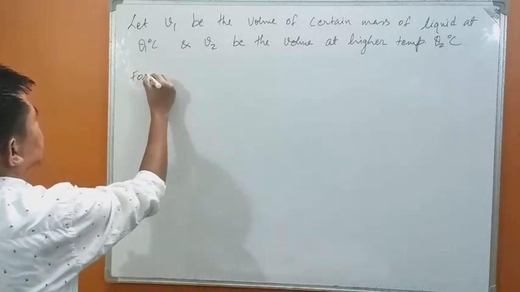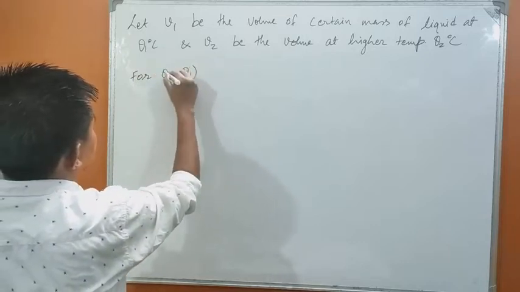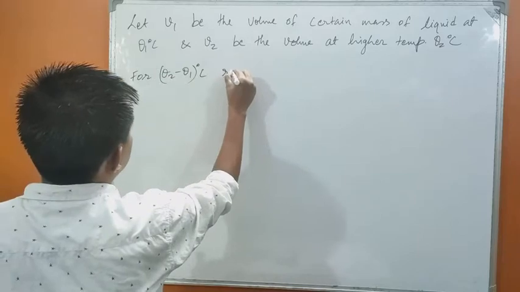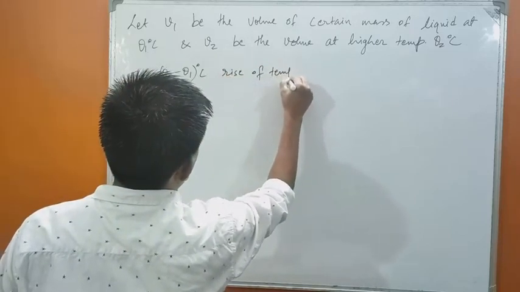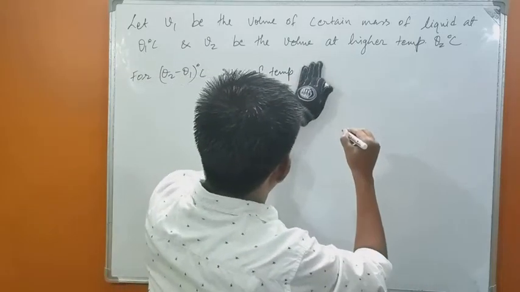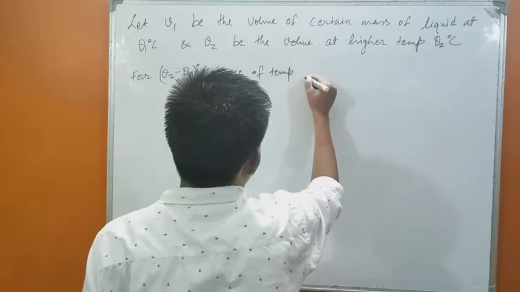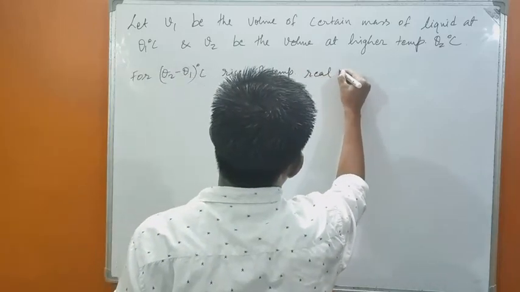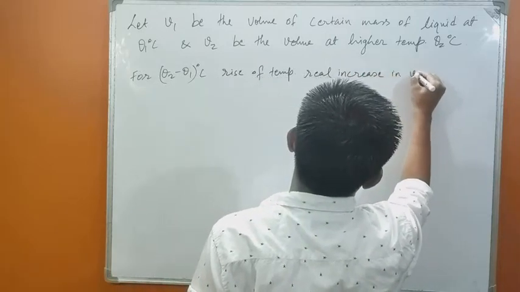Very simple, we do as before. For θ2 minus θ1 rise of temperature, real increase in volume.